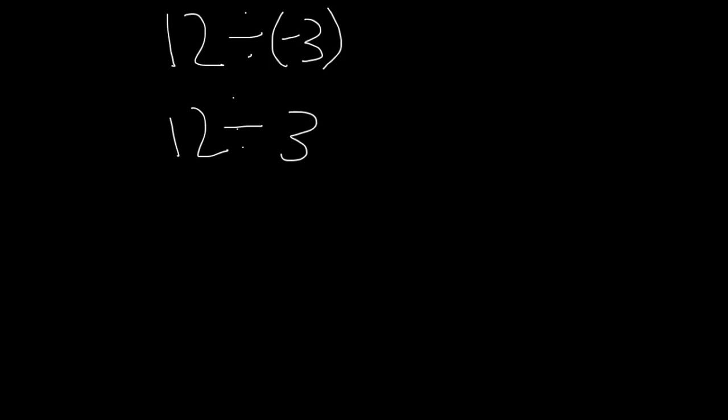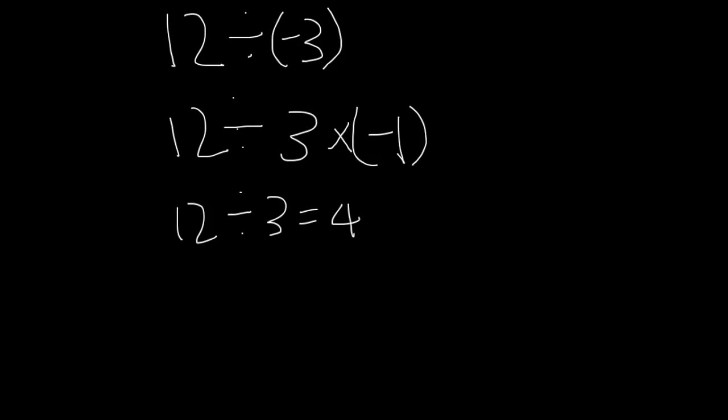This could also be done the same for division. So taking the same question except division would be 12 divided by negative 3, which would equal 12 divided by 3, then times negative 1. So, as we know, 12 divided by 3 equals 4. Then you have to multiply a negative 1 onto 4. So the answer will be negative 4.